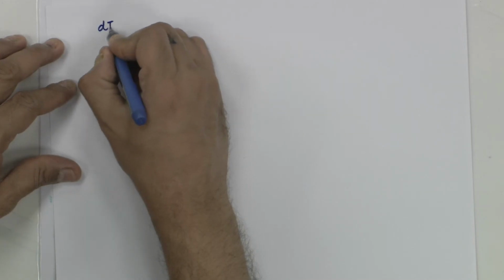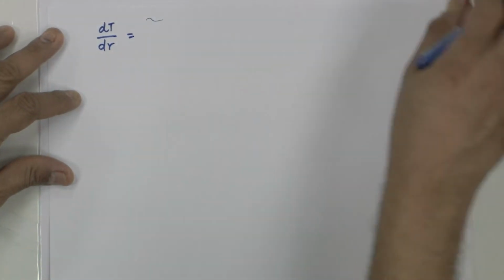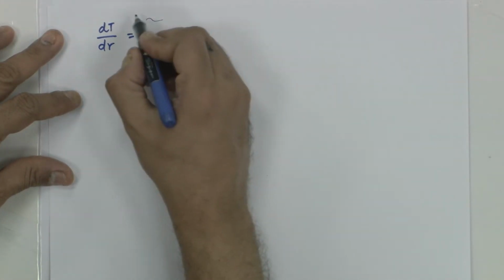So, I am just going to write here dT by dr is equal to, so I integrate once.